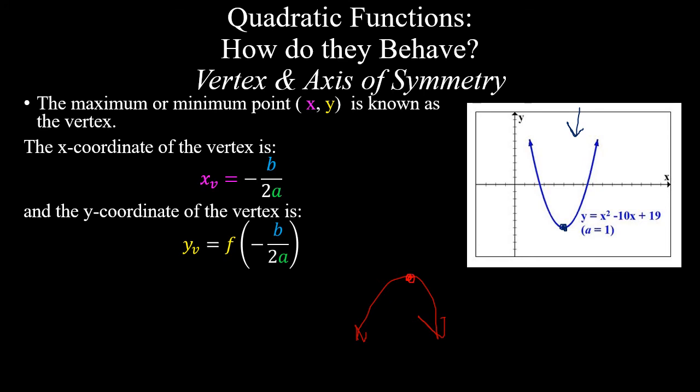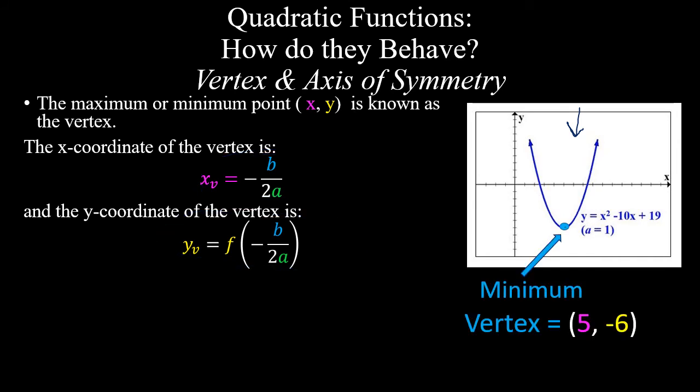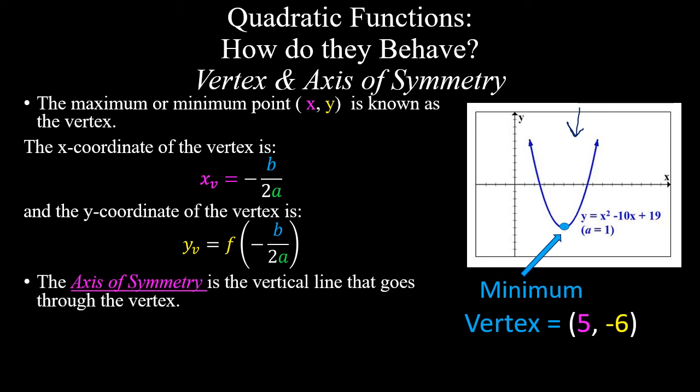So whether you're dealing with a maximum or minimum really depends on concavity, which depends on whether your a is positive or negative. And you can figure out this point by using this lovely formula. So the minimum here, our vertex, is 5, negative 6.